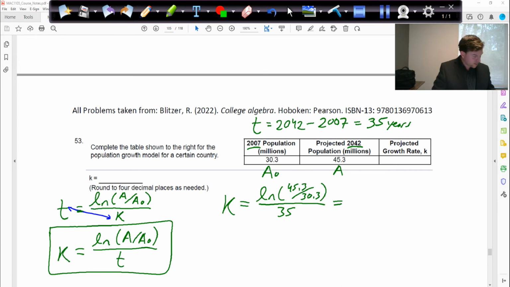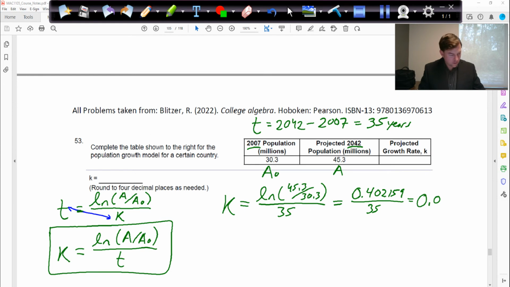On top you should get a number close to 0.402159, and then 35 on the bottom, and you should get 0.0115, something like that. To 4 decimals, that would be the answer, 0.0115. So their growth rate's about 1.1%, just a little bit above 1%.